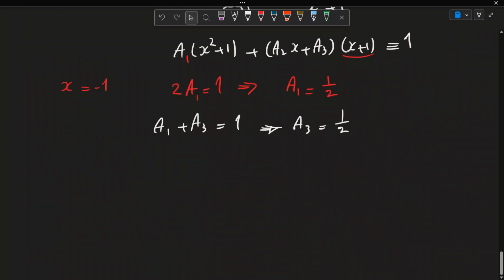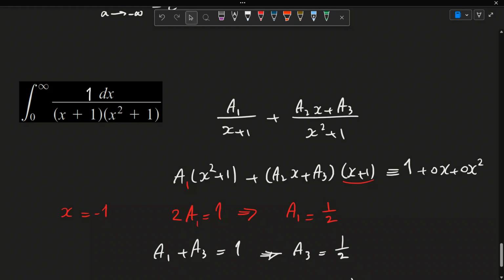And a2 we can consider, let's say, degree 2. Left-hand side we have a1 x squared, and here we have a2 x squared. Right-hand side we have no x squared, so it is 0 times x squared. So this must be equal to 0. And since a1 is 1/2, then a2 is minus 1/2.